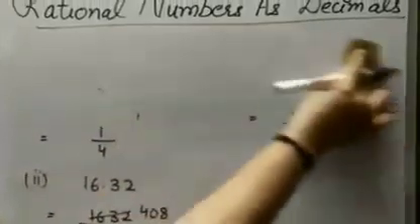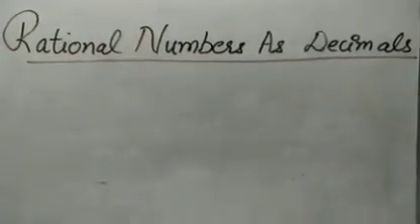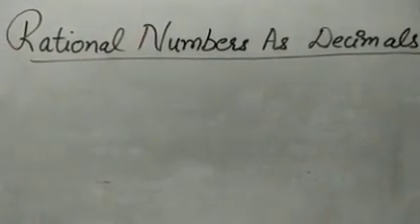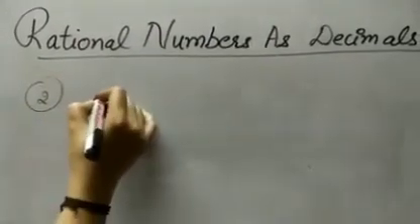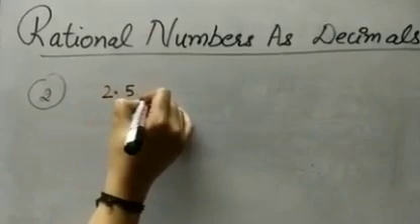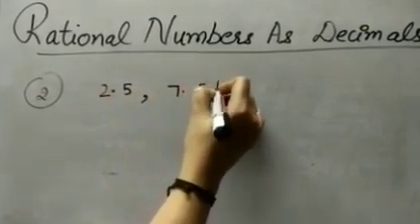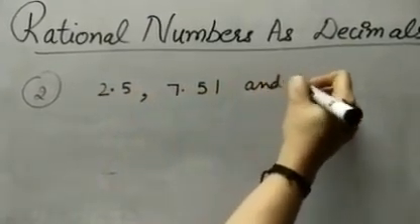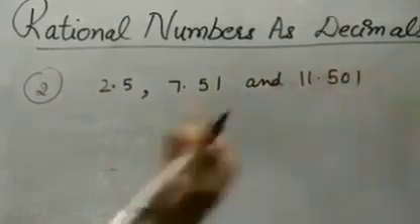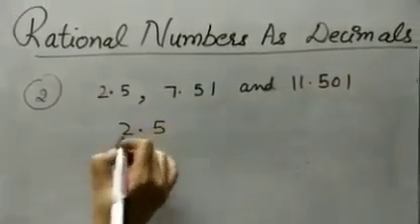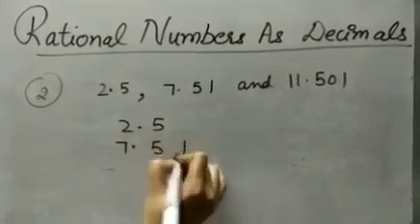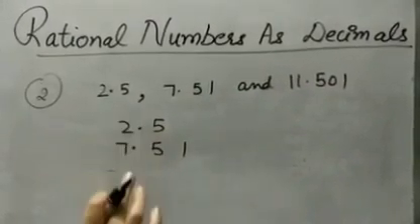Moving to the next question, we will learn how to add decimal numbers. 2.5, 7.51 and 11.501. I have to add these three decimal numbers. Keep this thing in mind, the decimal should be placed exactly below the decimal.